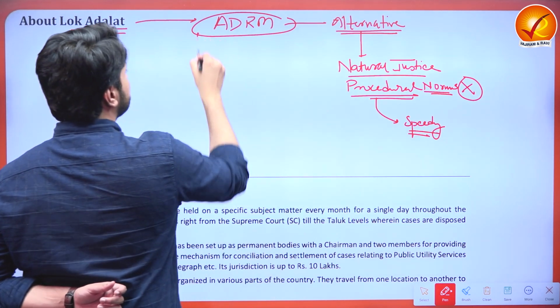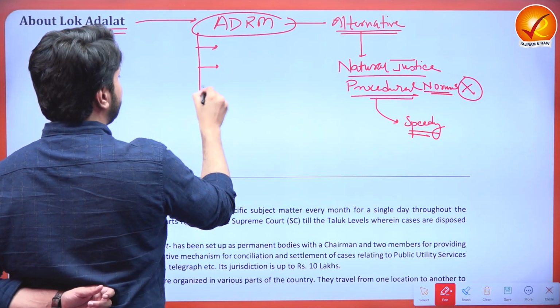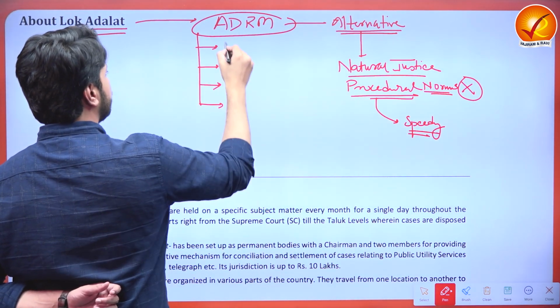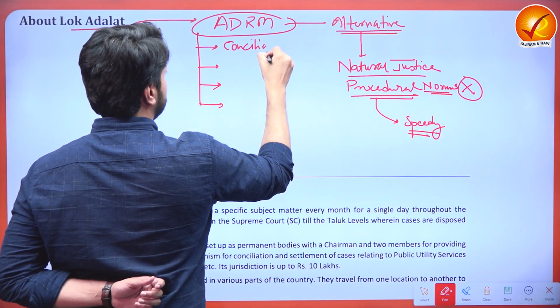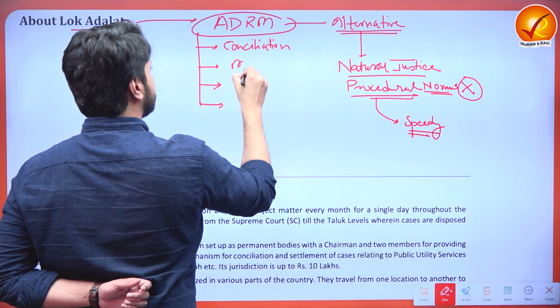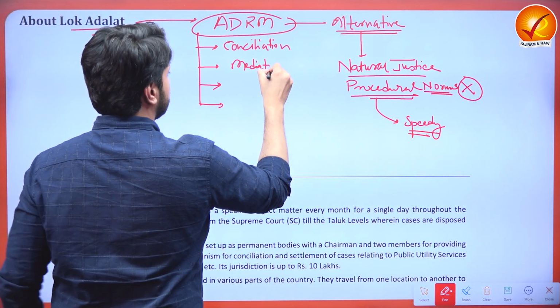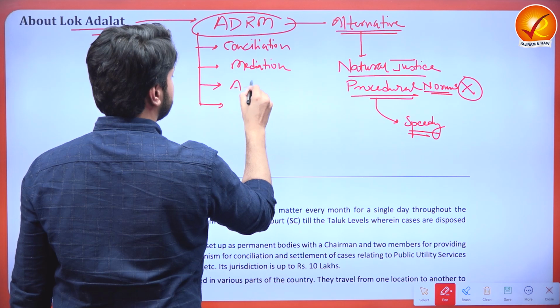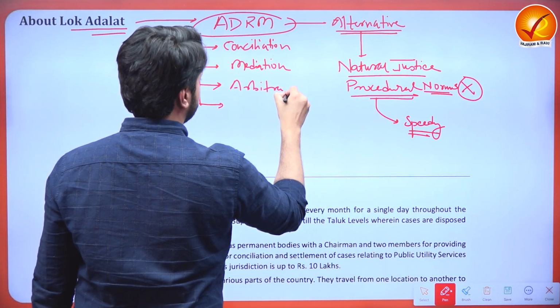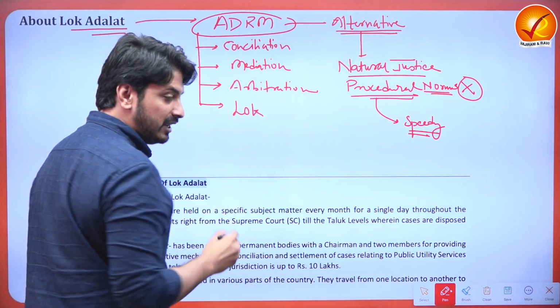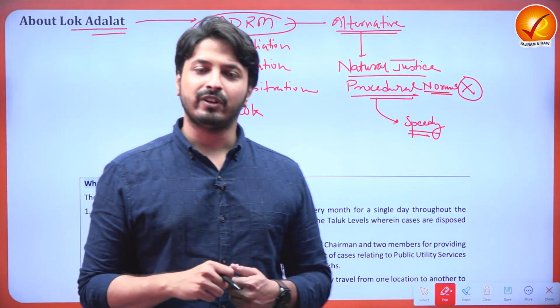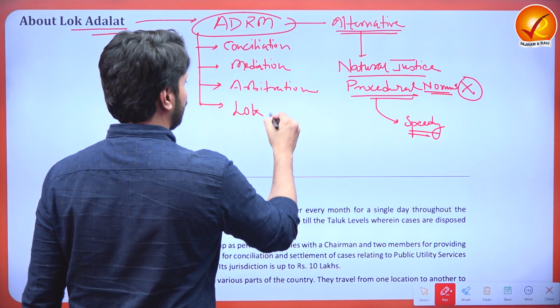Now, what are the various types of ADRM? There are many types of it. For example, conciliation, mediation, arbitration, and one of the most unique indigenous ways of dispute resolution is the Lok Adalat.